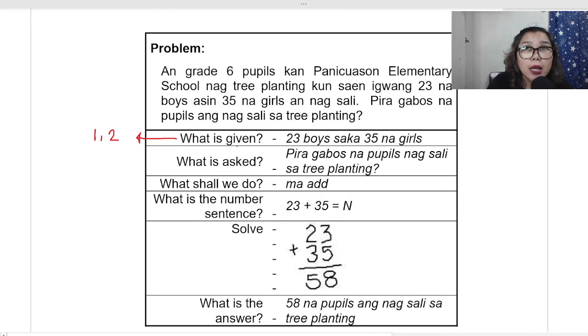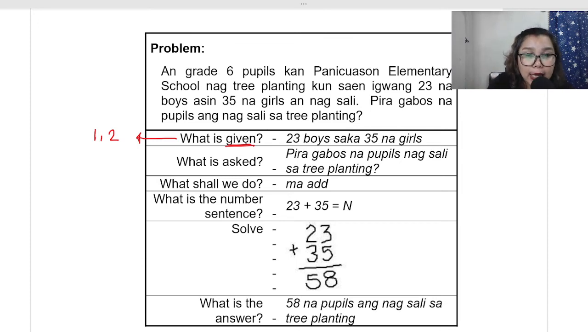So, usually ang question, piraan boys, 23. Piraan girls, 35. So, pinagsama na siya, and that is what we call given. Pag sinabing given, ano ba yung what are the important numbers mentioned in the word problem that can be used in order to solve that word problem.